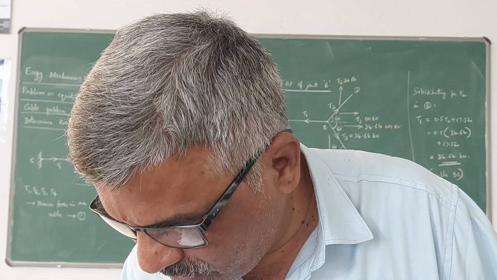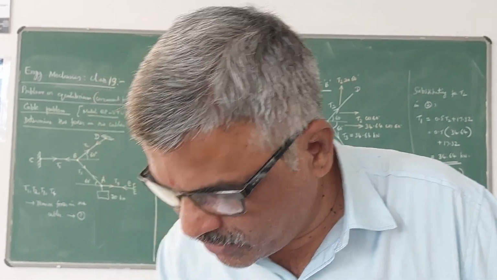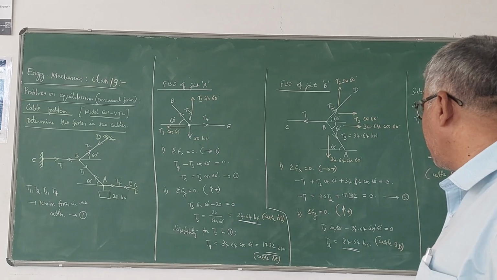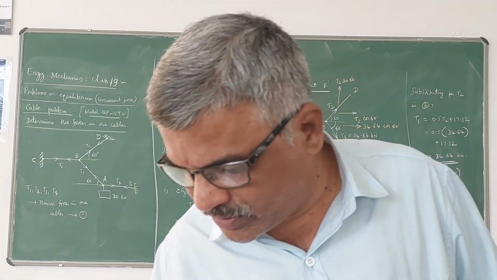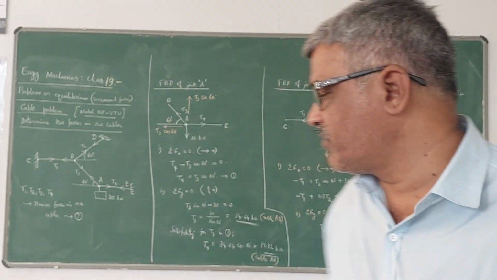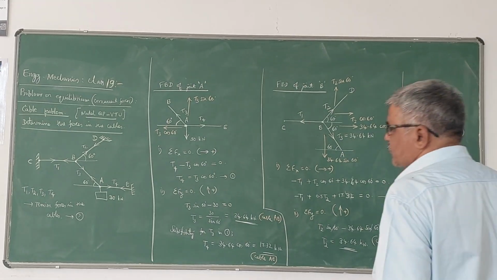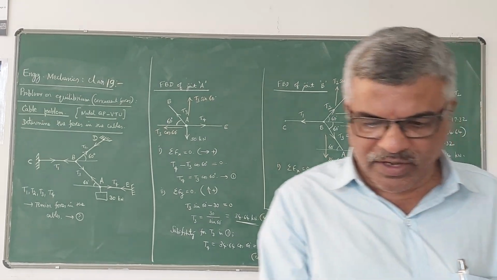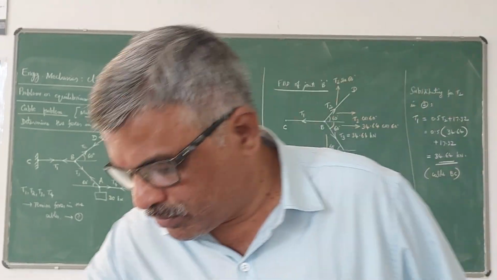All these three are equal, but the T4 value is 17.32. Only the T4 value is different; all the other three values are the same. So this is a simple problem, given in the model question paper.